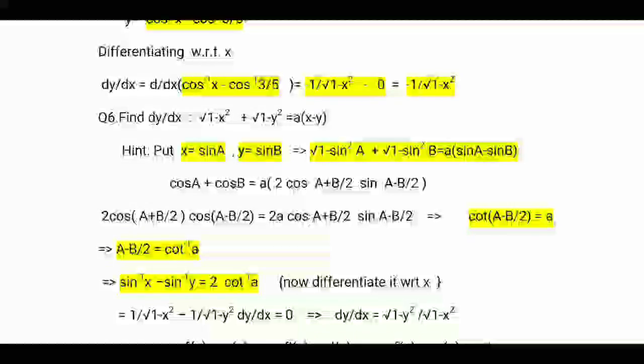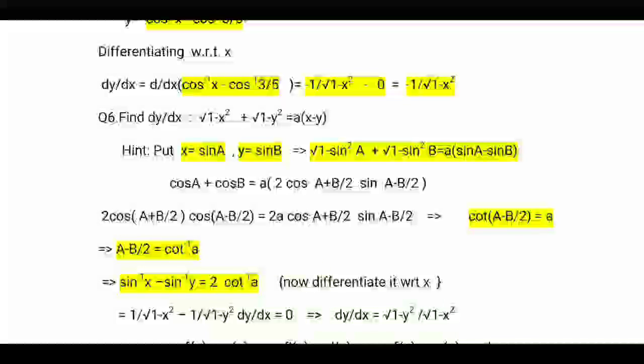Under root 1 minus sin square A, that is cos A, under root 1 minus sin square B, that is cos B, is equal to a into 2 cos (A plus B) by 2. Now you use the formula sin A minus sin B, that is 2 cos (A plus B) by 2 into sin (A minus B) by 2.